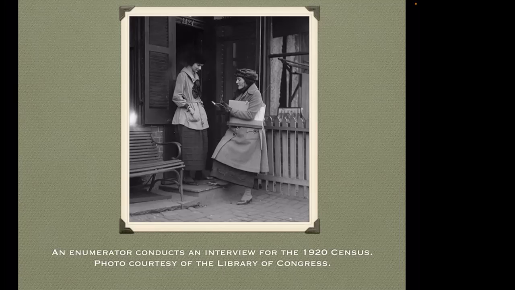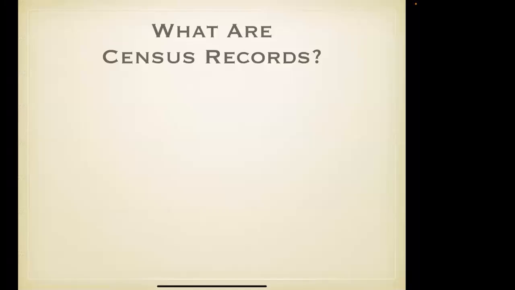She may not have heard correctly. She may not have written things down correctly. The informant may have chosen, for many reasons, to not give accurate information. But we're grateful that we have the censuses. So what are census records? They're a snapshot of a household in time.